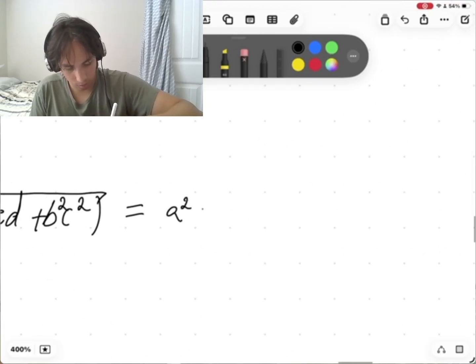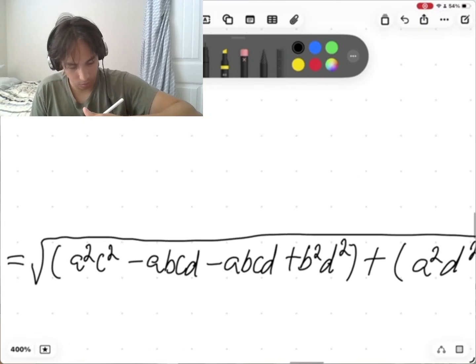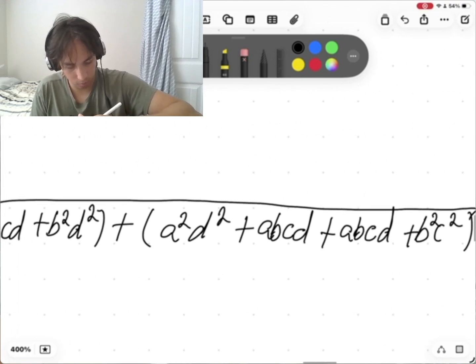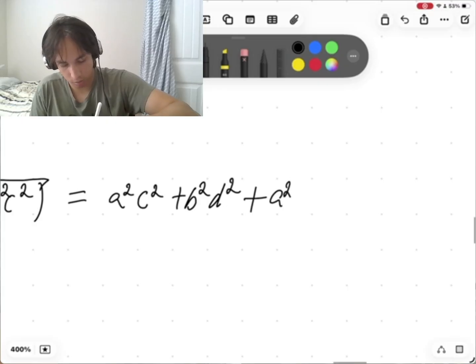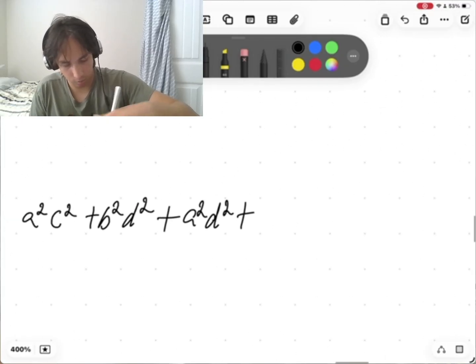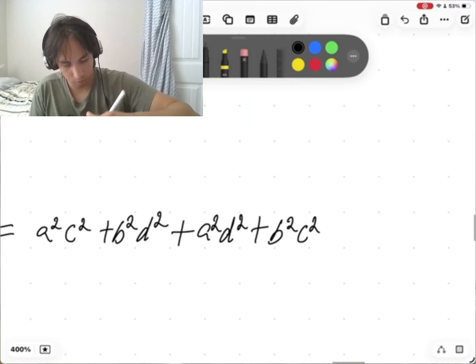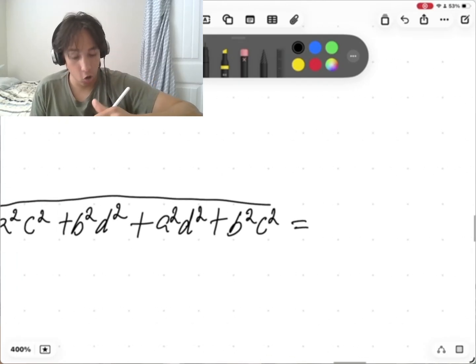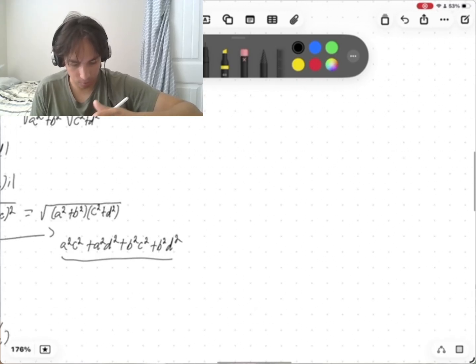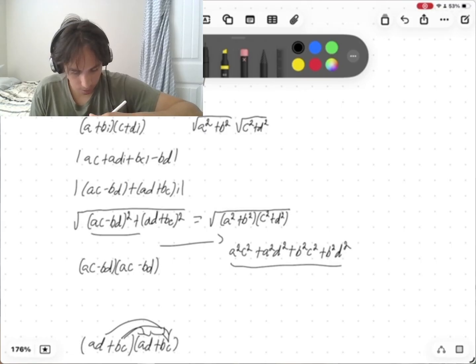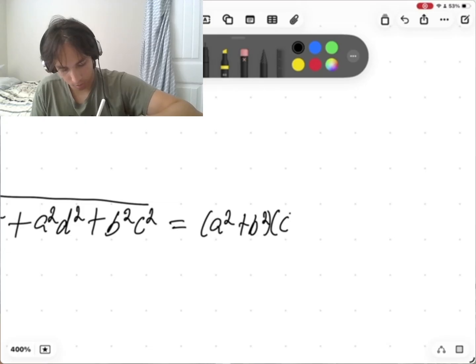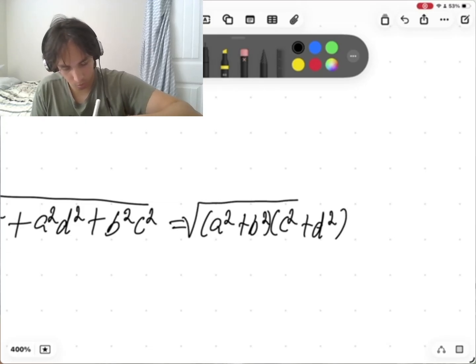So A squared C squared, B squared D squared, plus A squared D squared, plus B squared C squared, under the square root, which equals, look at this, A squared plus B squared times C squared plus D squared, square root.